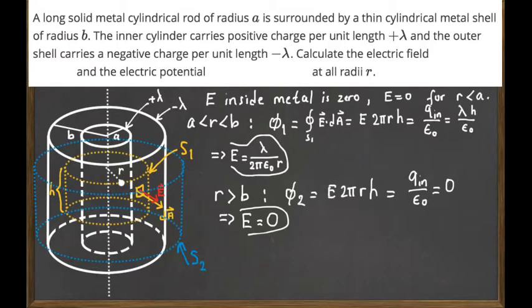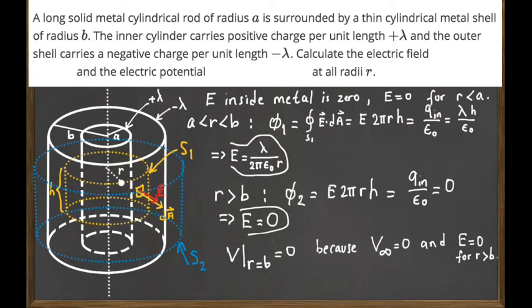The next question is, what is the electric potential at all points? Well, the electric potential right on the surface of the outer shell, we claim that it is equal to 0, because the potential at infinity is 0 by definition, and since there is no electric field outside, if you bring a charge from infinity to the surface of the outer shell, there is no electric field, so the line integral of the electric field will be 0.